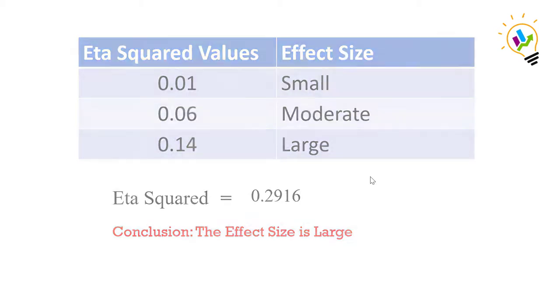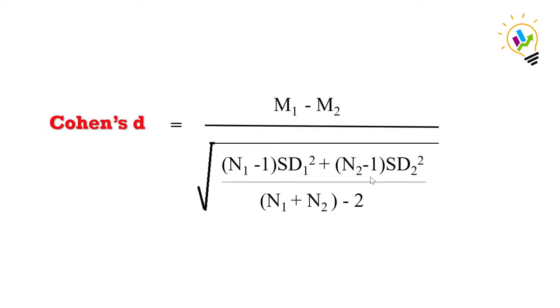Now let us see the next method, which is called Cohen's d. This is the formula which you are going to use. In this formula, we must use M1 and M2, that is the mean of the male group and the mean of the female group. We have the standard deviation of male, SD1, and SD2 for female. N1 is the sample size for male and N2 is the sample size for female.